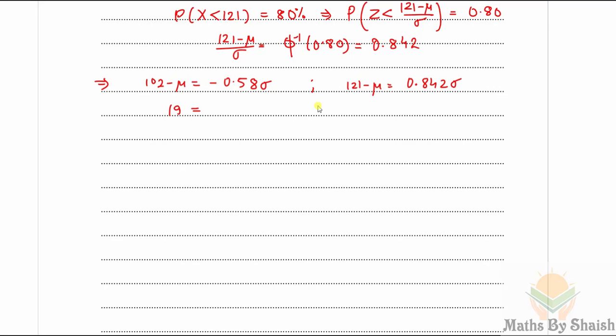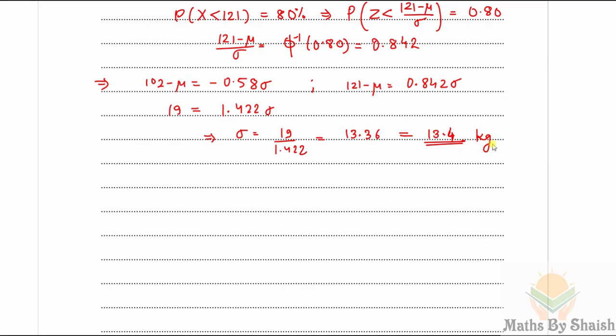This is going to be 1.422 sigma, and that's why sigma would be 19 over 1.422. So the answer becomes 13.36, so to 3 significant figures it is going to be 13.4 kg, because it was weight.